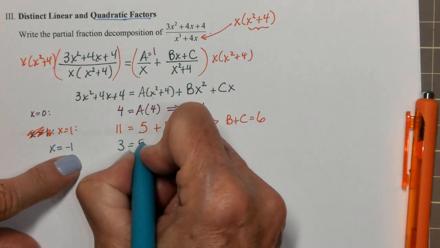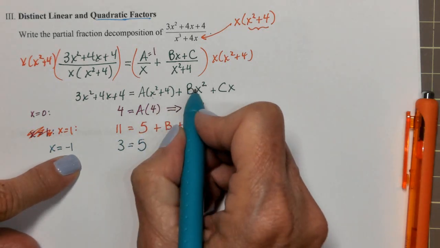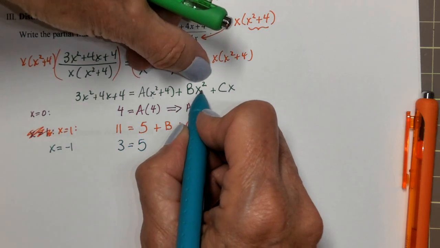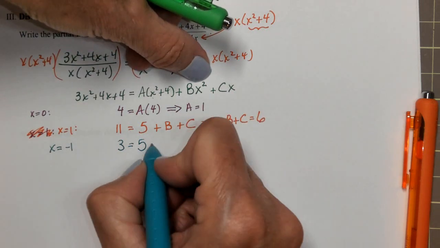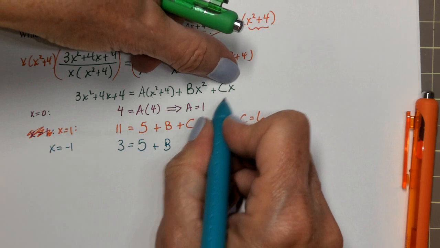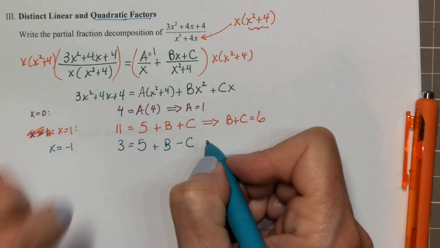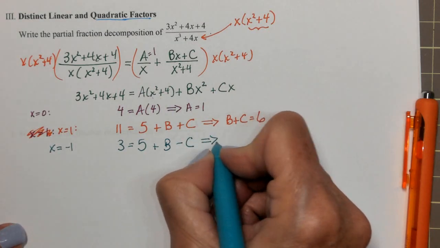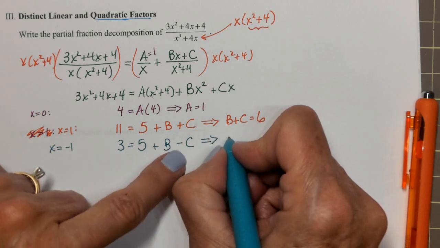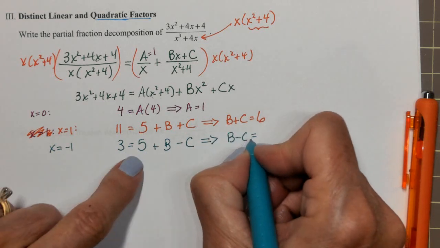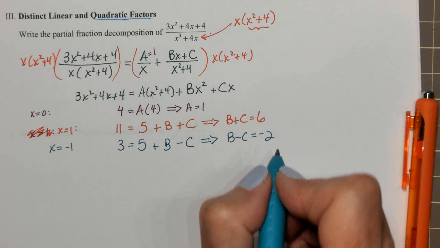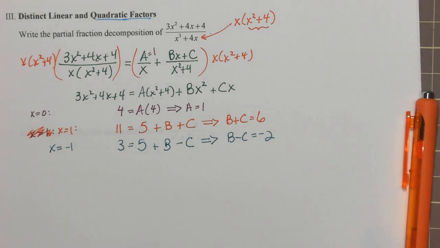So this is still 5. Plus bx squared, so -1 squared is 1, so that's plus b, but I'll have a minus c. And that tells me that b minus c has to equal -2, right?